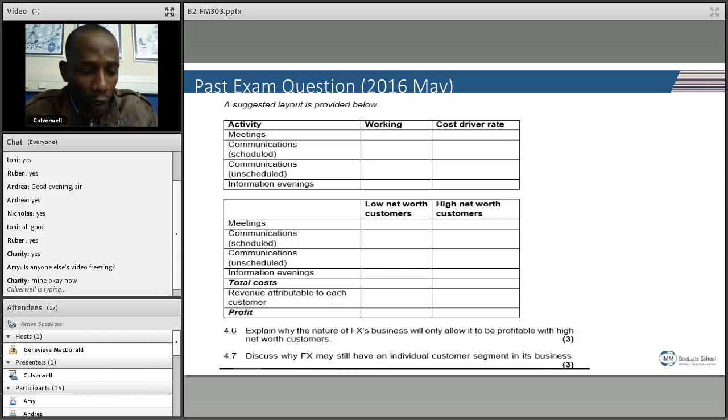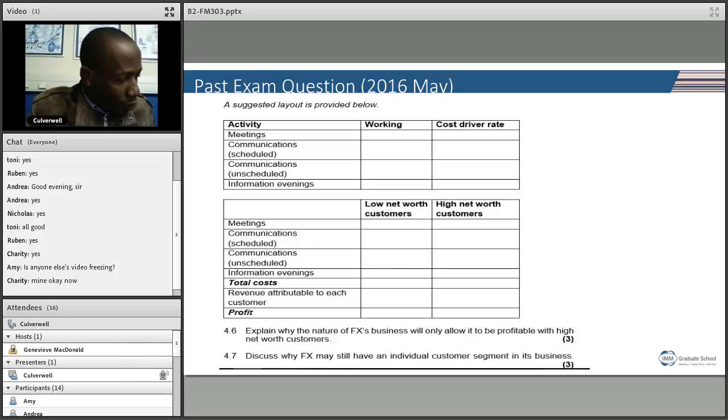So under the working column for meetings, I would say we incurred a total of 358,750 rands. So that's the total cost for the entire company. I'll then divide by the number of meetings we held for the entire company.